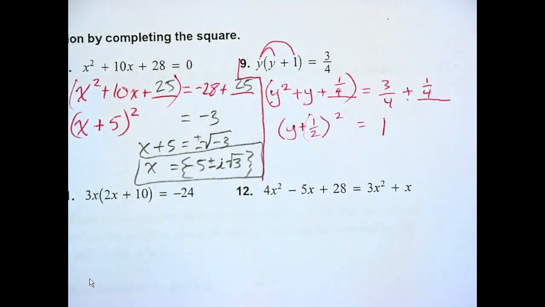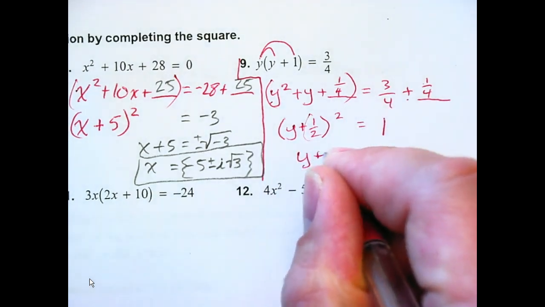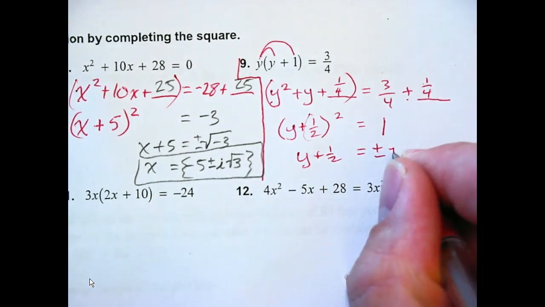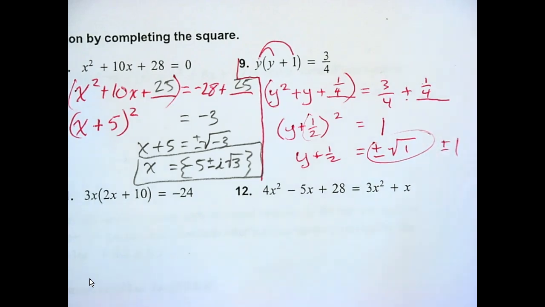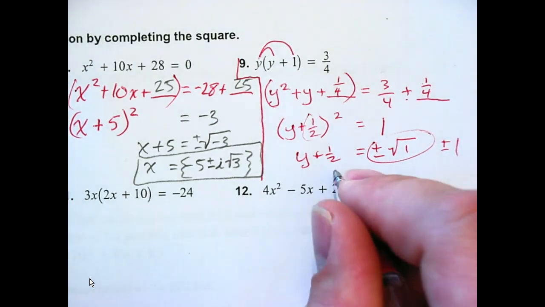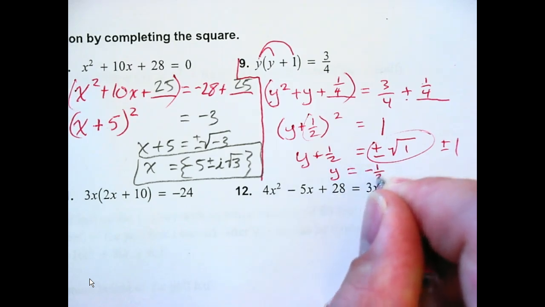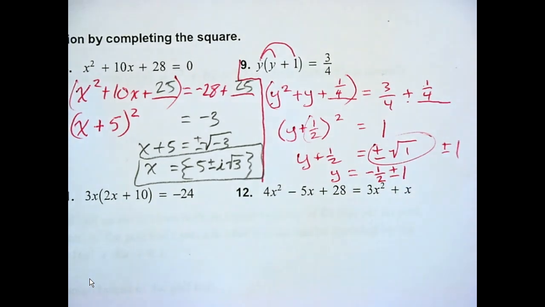Isn't that convenient? So y plus 1/2 is equal to the plus minus root of 1, which is actually just 1, plus minus 1. So y is equal to -1/2 plus minus 1, which you actually have to do the math on.